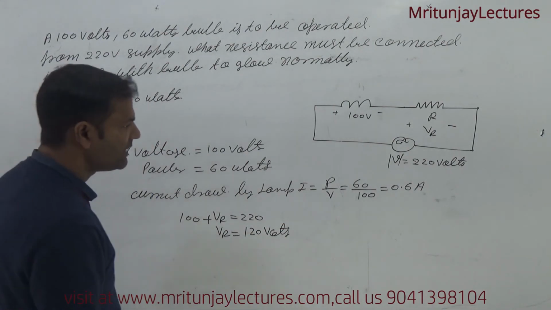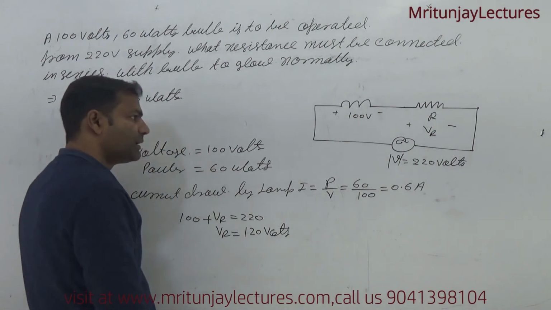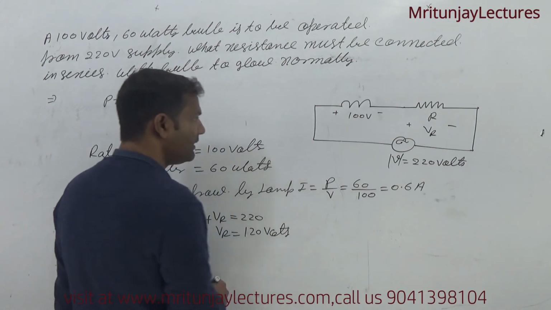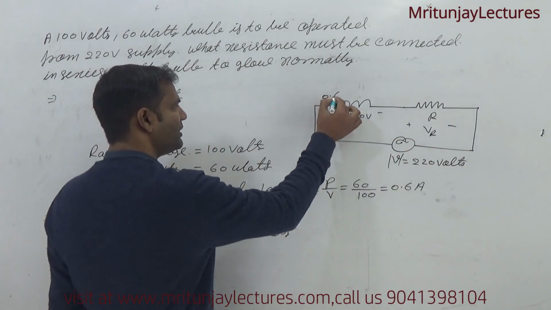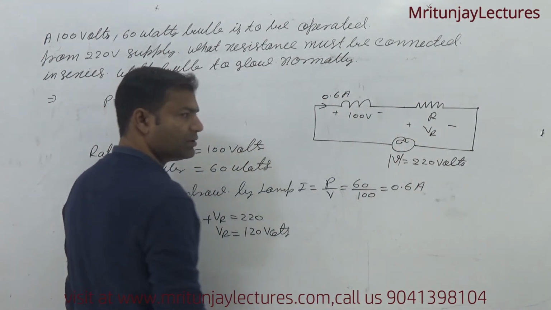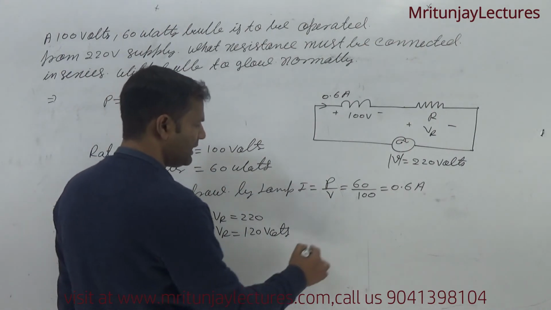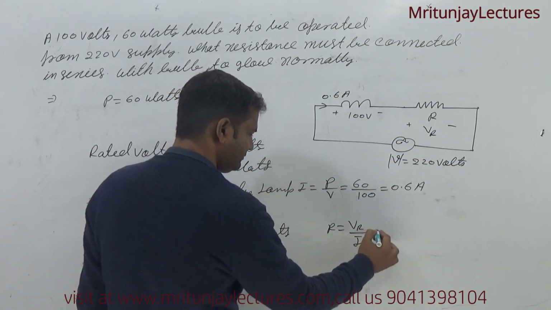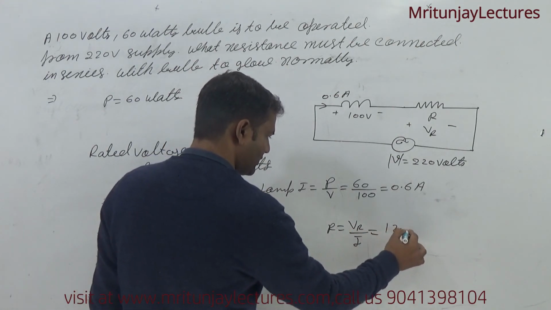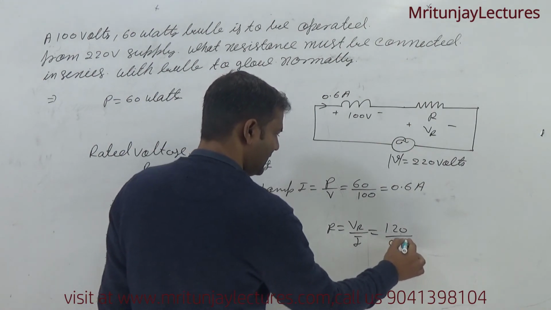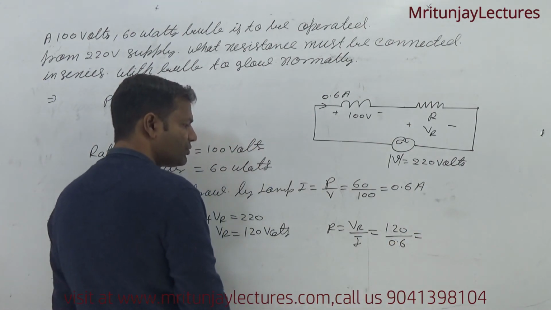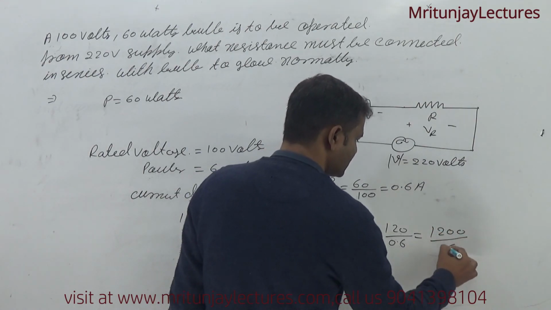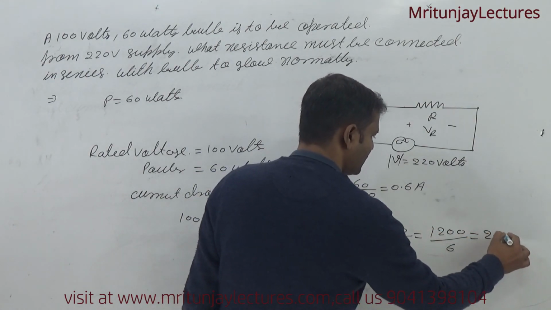Clear? Now next target, determine the resistance. Current of 0.6 ampere flows through the circuit. So resistance is VR divided by I, that is 120 divided by 0.6, which is 200 ohm.